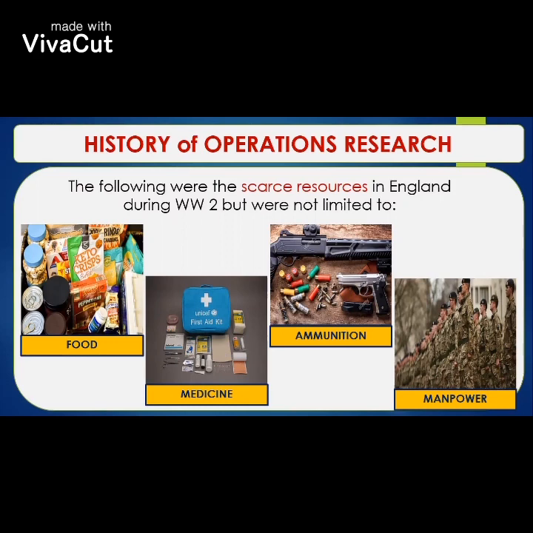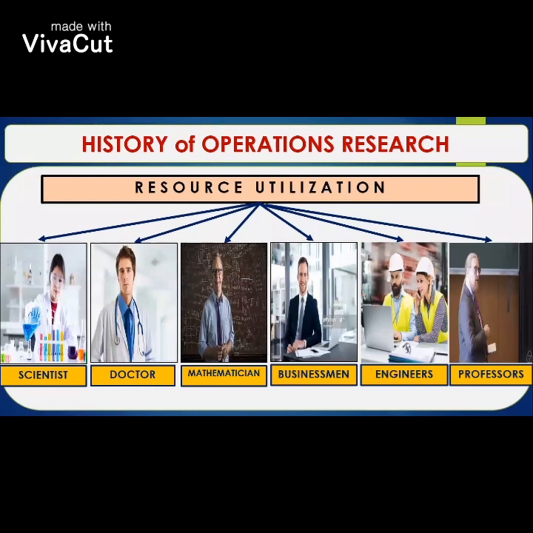Therefore, the generals of the military invited a team of experts in various walks of life, such as scientists, doctors, mathematicians, businessmen, engineers, professors, etc., and the problem of resource utilization was given to them to discuss and come up with a feasible solution.